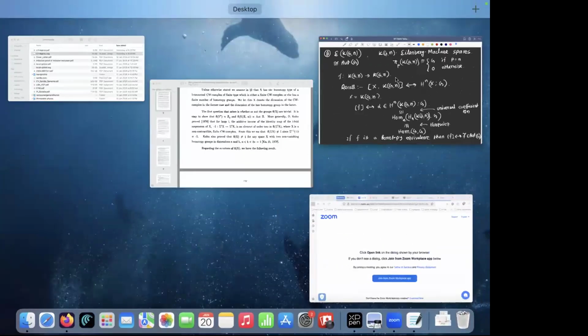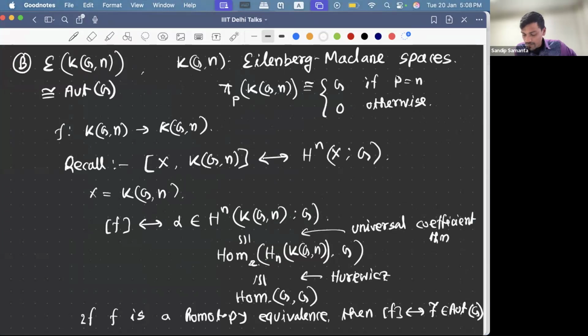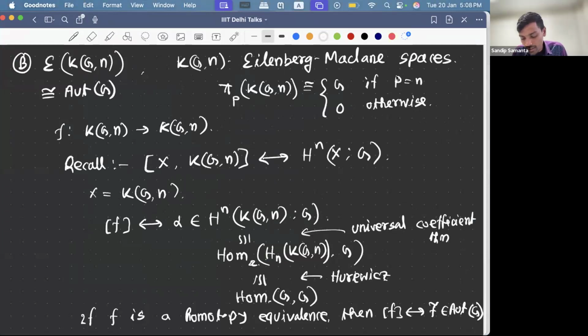This last thing you said, right? That E of K(G,n) is Aut G. It's just morphisms from G to G, right? Abelian group morphisms. It will not be Aut, right? No, the morphism will give me a map from H_n(K(G,n)) to G. The E(K(G,n)) consists of homotopy equivalences.